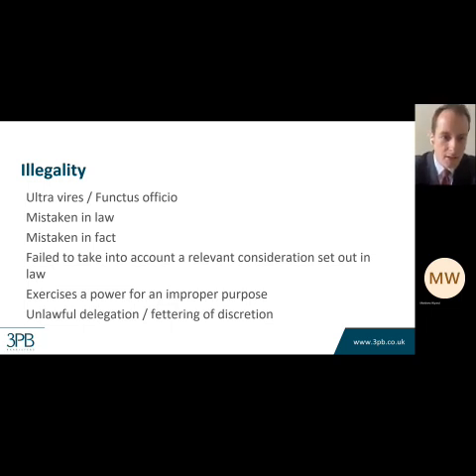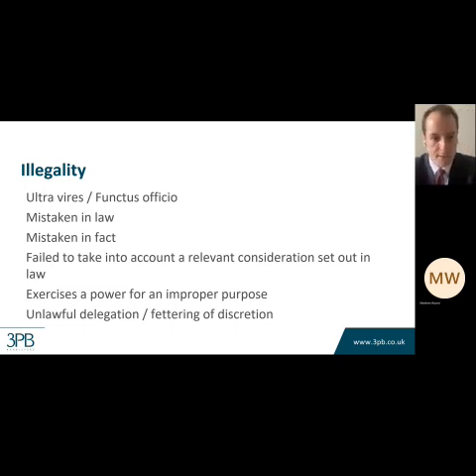Connected to that is proper consideration of the relevant criteria. Often there's a statute which sets out the powers that a local authority, for example, or a public body has. The statute often also makes provision for guidance to which the local authority or public body needs to have regard.